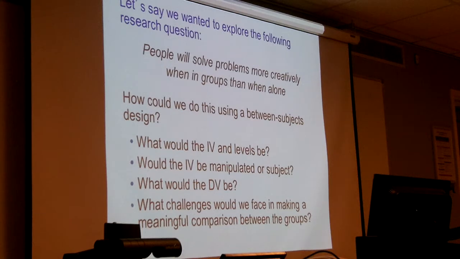This is the issue of construct validity. I want to make sure that I'm creating an independent variable that has levels with meaningful distinctions. It probably wouldn't make sense for my groups to be 1 person and 20 people. Have you ever tried to solve a problem with 20 people?